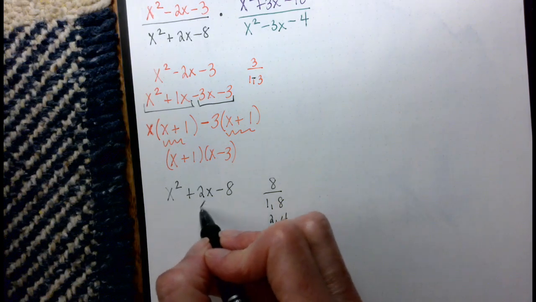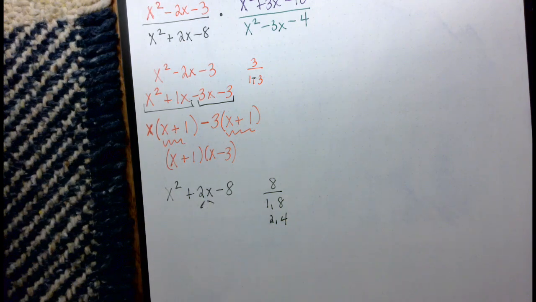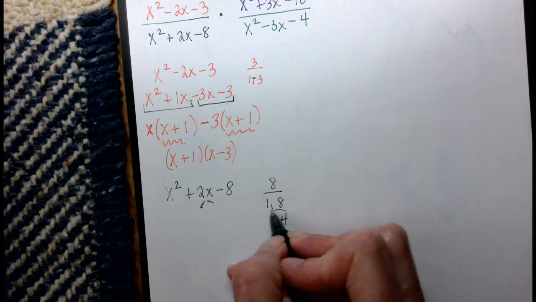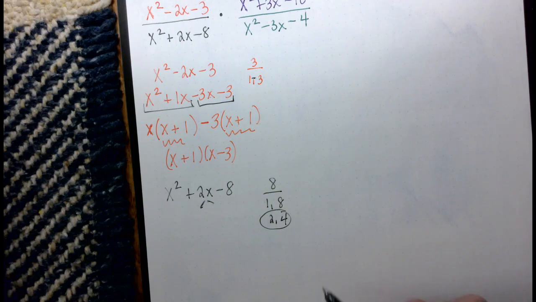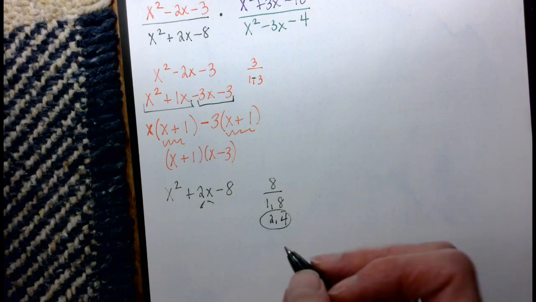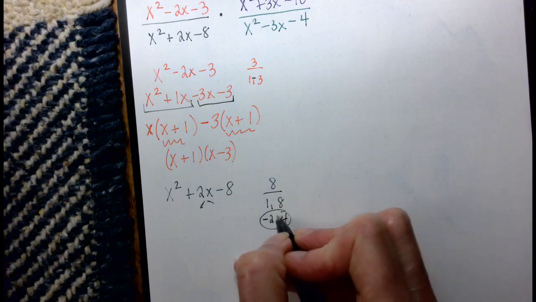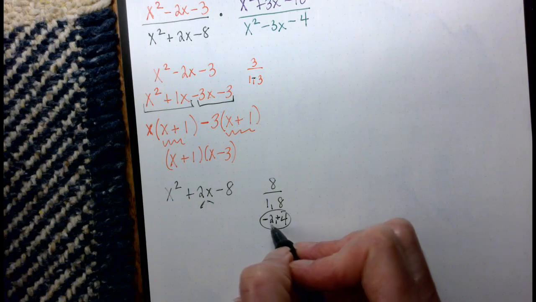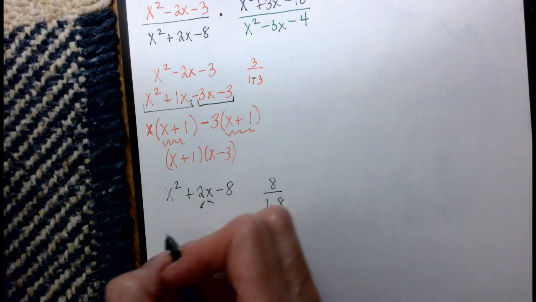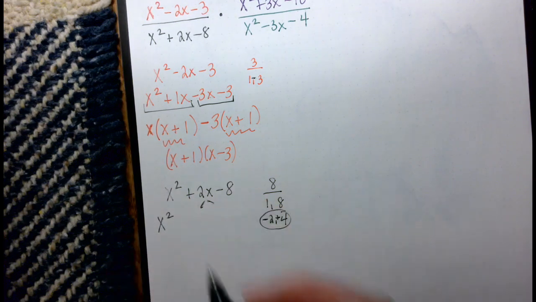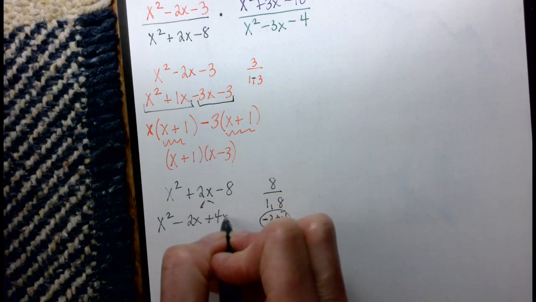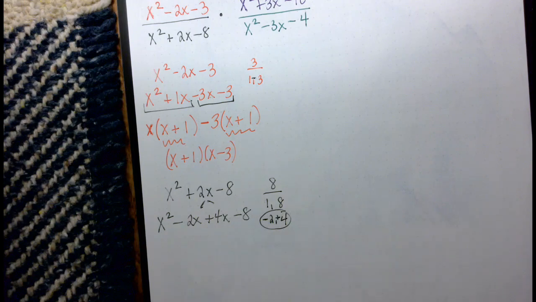We're splitting the middle, so we need to get a value of 2. So we're going to be using 4 and 2. 4 minus 2 gives us 2, so negative 2 plus 4 will give us a positive 2. So x squared minus 2x plus 4x minus 8.